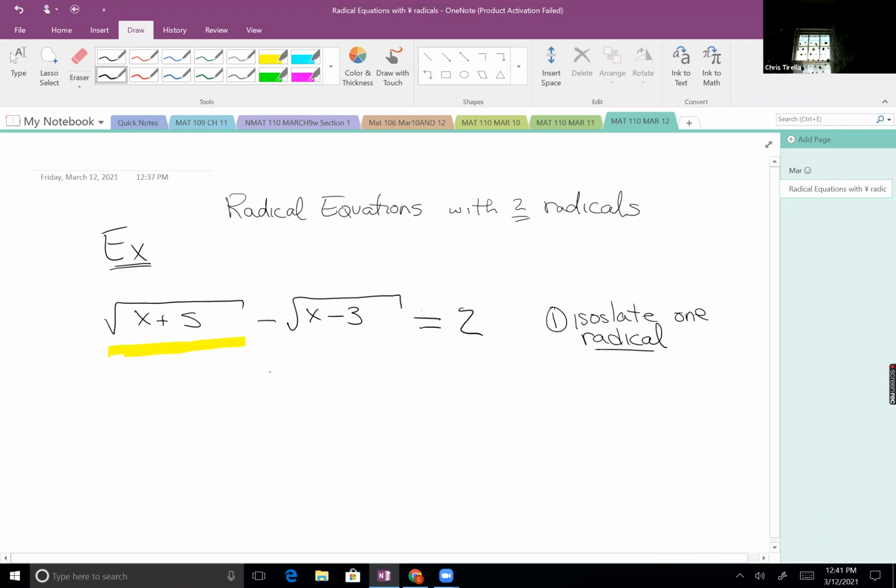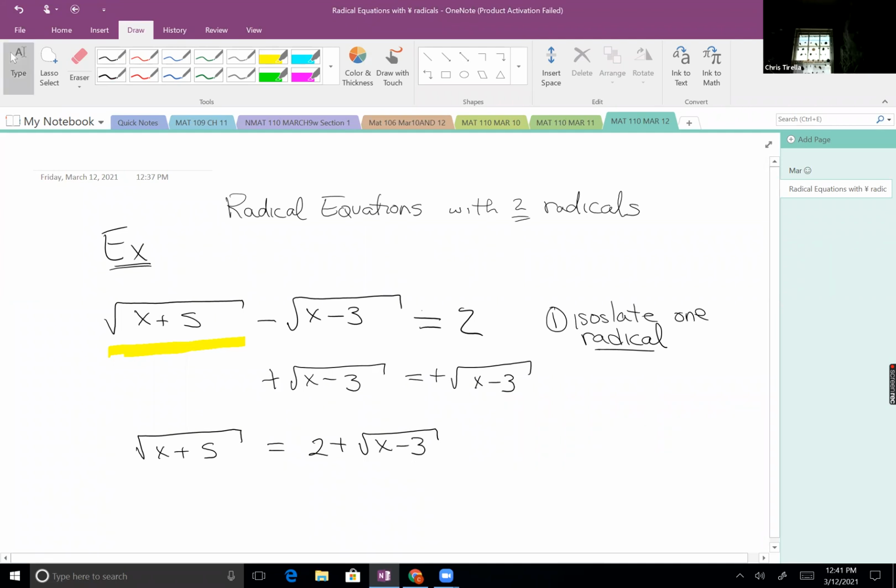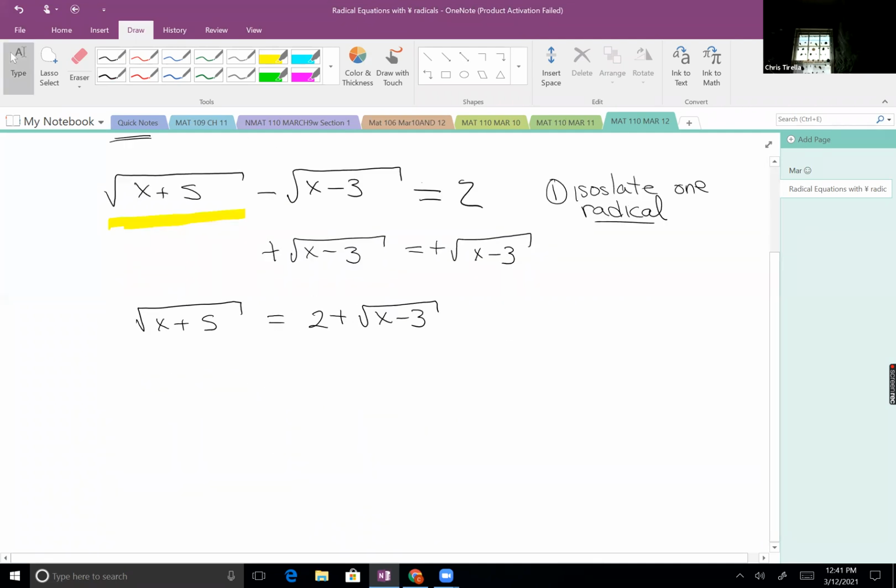And to get that first radical alone, I'm going to add the square root of x minus 3 to both sides. On the left, I'll just have that square root of x plus 5. On the right, I'm going to have 2 plus the square root of x minus 3. I can't combine them.